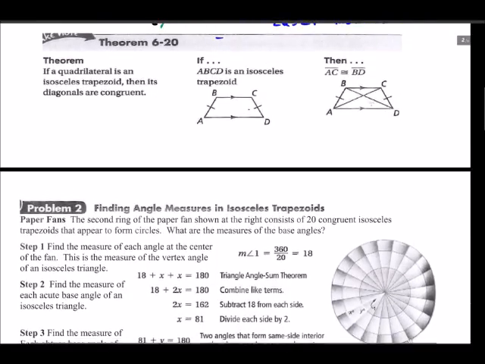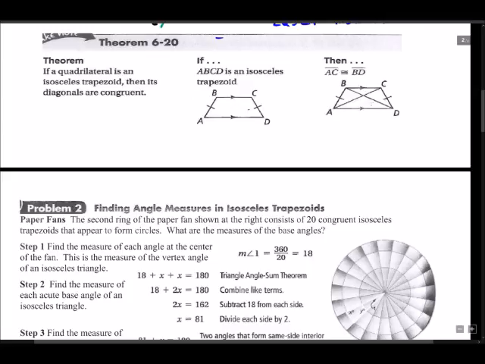What's our next one? It says if a quadrilateral is an isosceles trapezoid, then your diagonals are congruent. So if we have an isosceles trapezoid, our diagonals are congruent. I imagine that will come in handy.